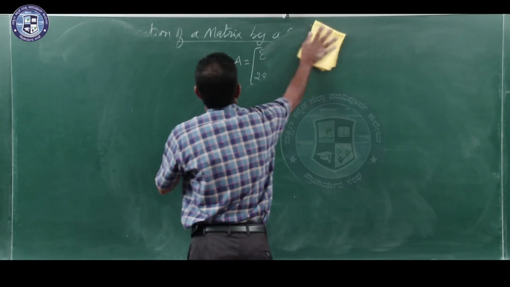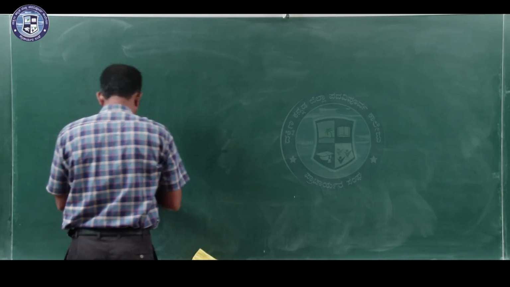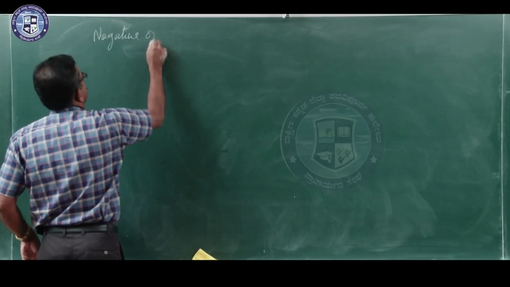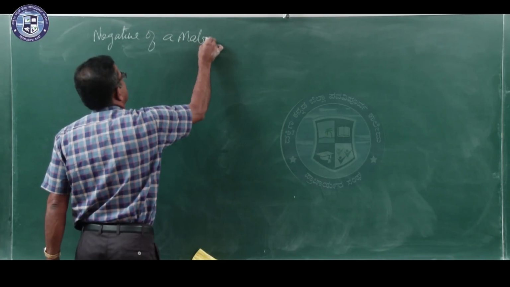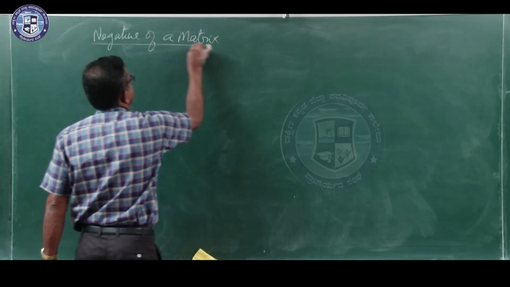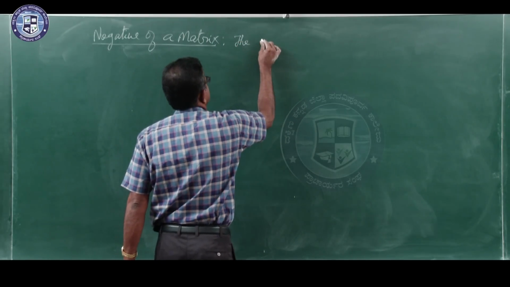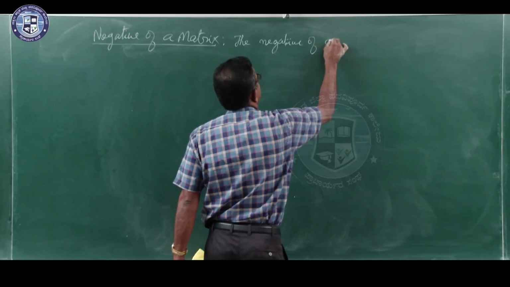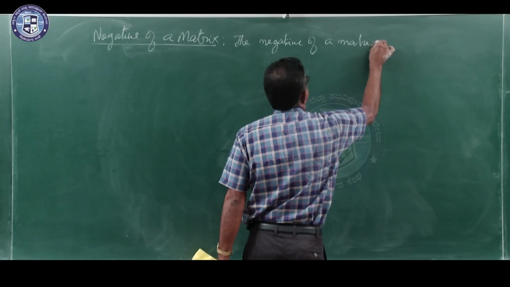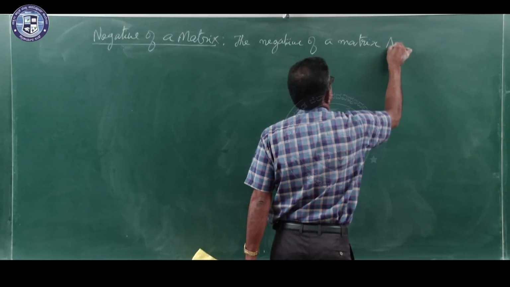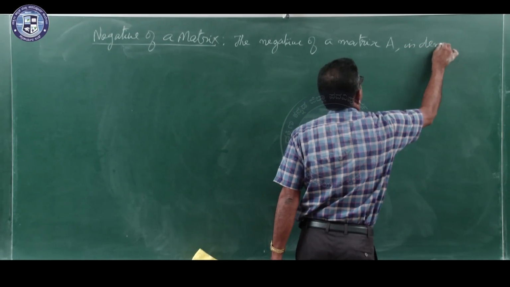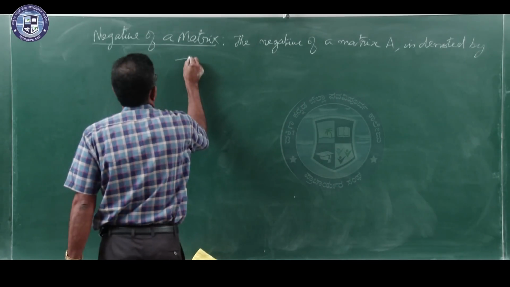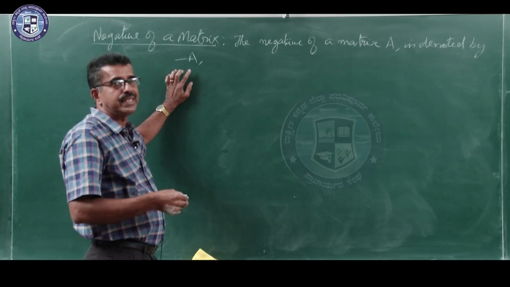The negative of a matrix capital A is denoted by minus A. Negative of a matrix is denoted by what?